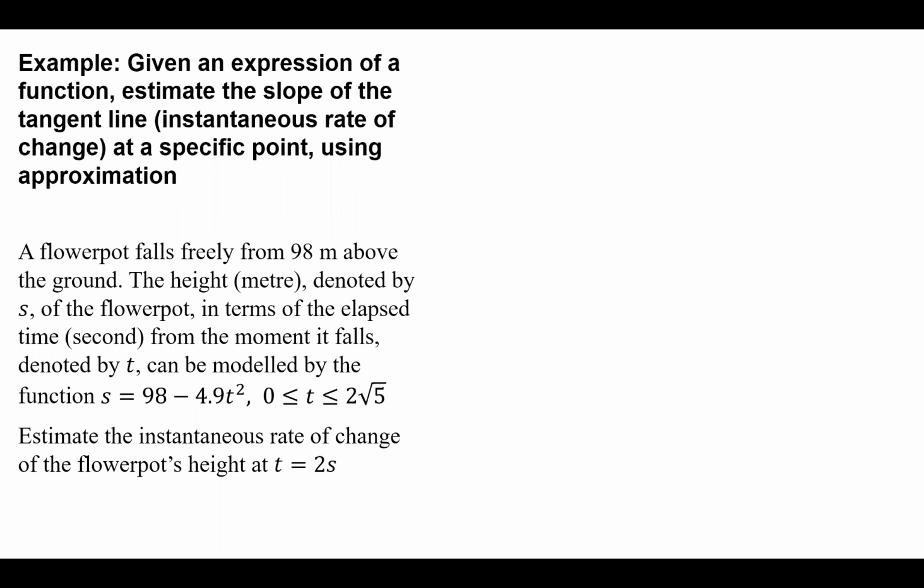The flower pot falls freely from 98 meters above the ground. The height in meters, denoted by S, of the flower pot in terms of the elapsed time in seconds from the moment it falls, denoted by T, can be modeled by the function S equals 98 minus 4.9 T squared, where T is between 0 and 2 times the square root of 5 inclusive.